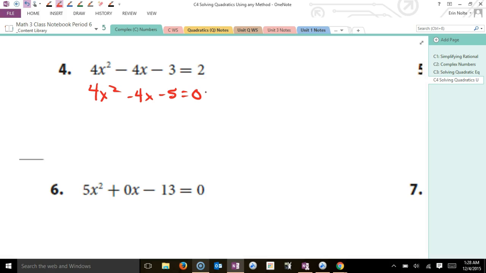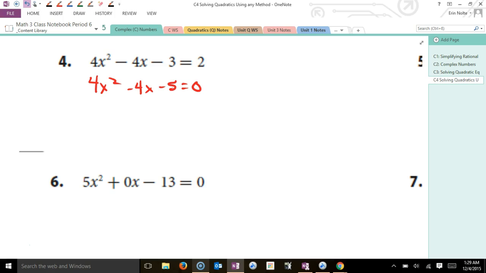So are there two numbers that multiply to -20 and add to -4? 1 and 20, 2 and 10, 4 and 5. Since there's no two numbers that make that work, we can't factor it. This is an unfactorable quadratic. So what's my method? Quadratic formula. And it is the only way to solve this to get an exact solution.